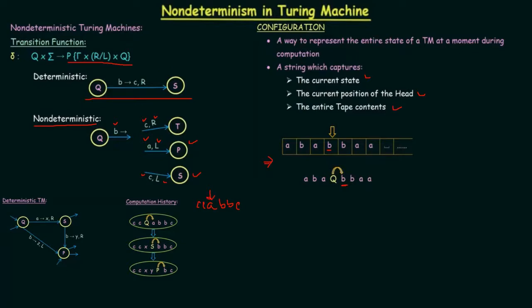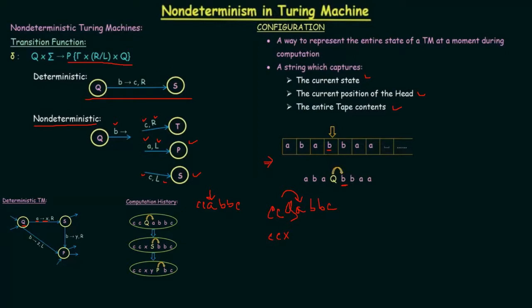I can write it like I have done over here: CC capital Q ABBC, and this Q is pointing towards A. Next, what we need to apply is A on this. Currently it is in state Q, and we are applying A. So A will be replaced with X and we will move right. So CCX.